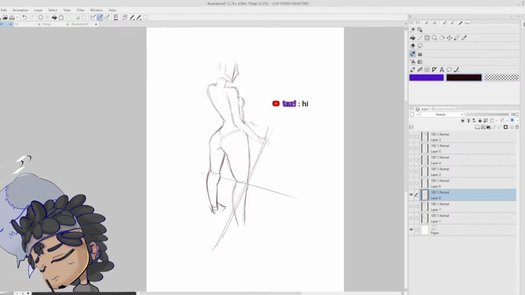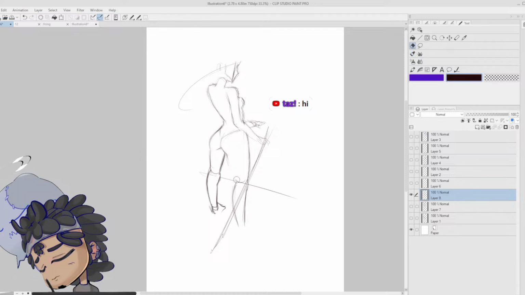There we go. Her face is kind of... I can see the head like that. So the hand is about here. The leg. Okay.